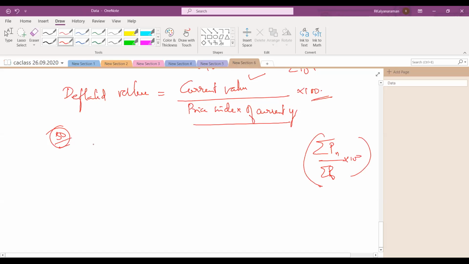So 50 rupees after all may not be 50 rupees now. It may be only 40 rupees or 30 rupees. The current value can also be calculated as base price by current price.